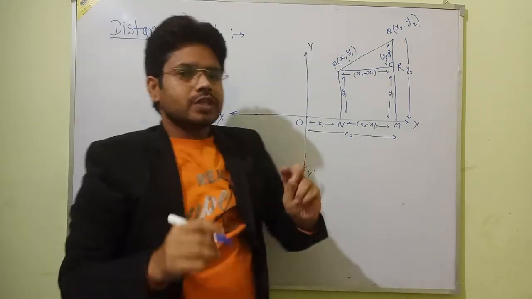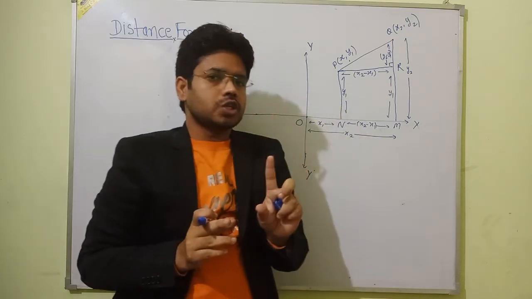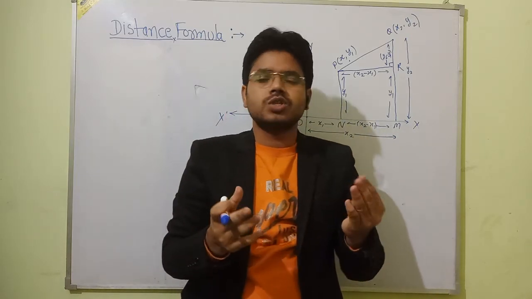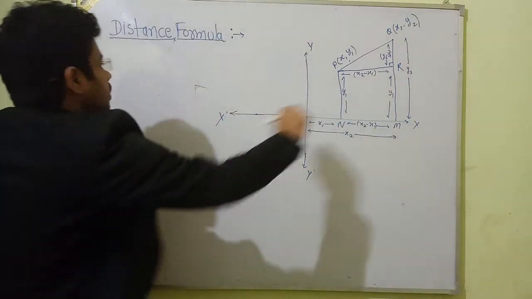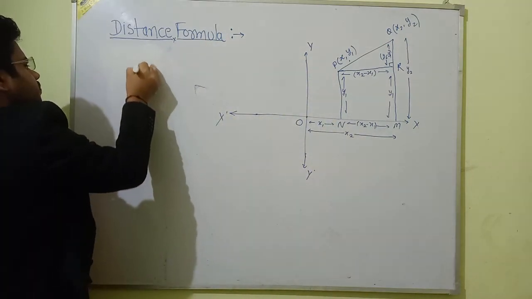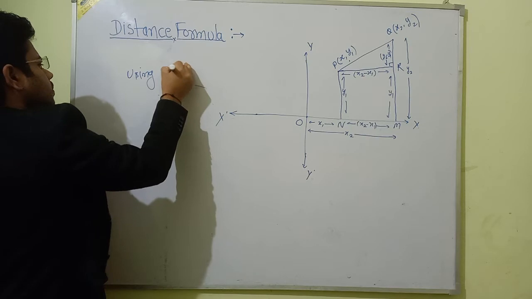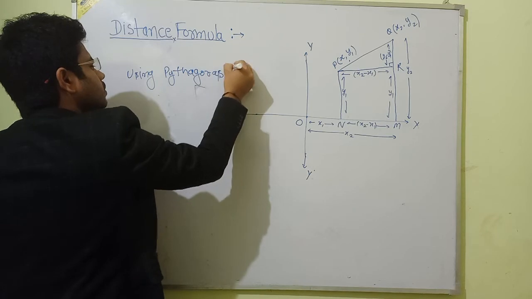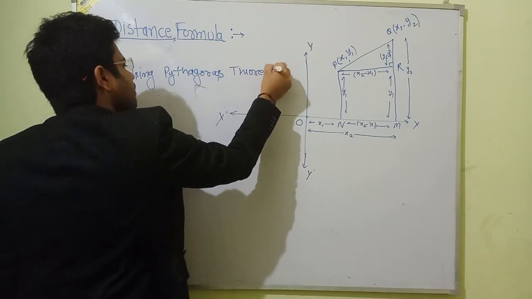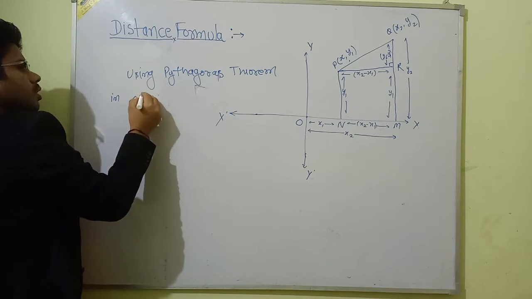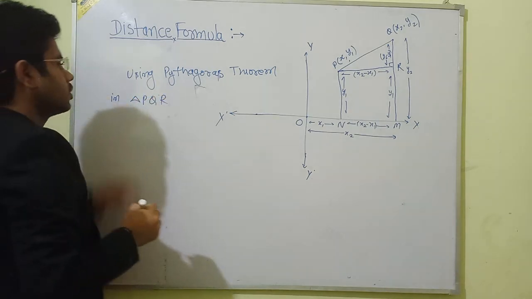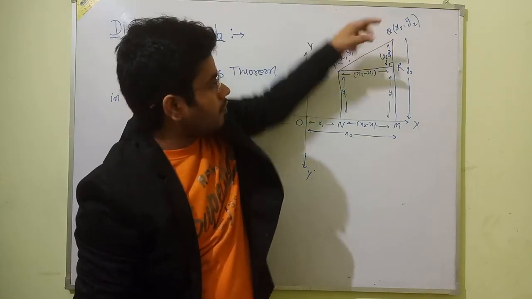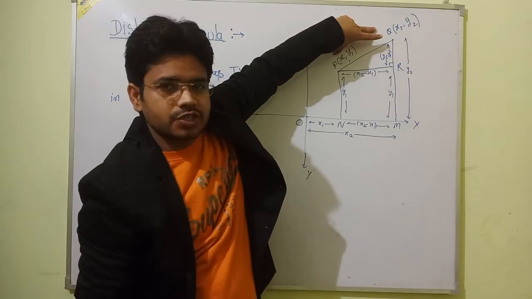We know that in a right angle triangle, if two sides are known, then we can find the third side using the Pythagoras theorem. So using the Pythagoras theorem, in triangle PQR, PQ is the hypotenuse, and the sum of the squares of the other two sides will be the square of the third side.